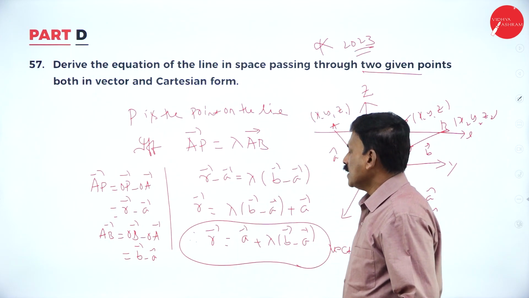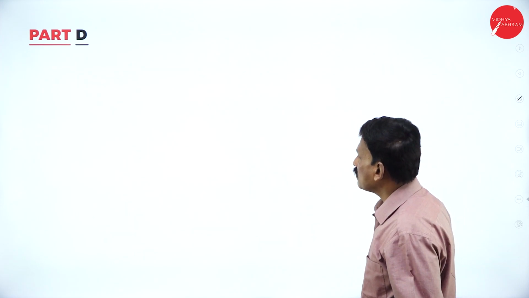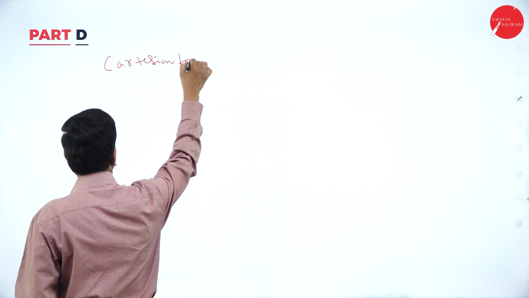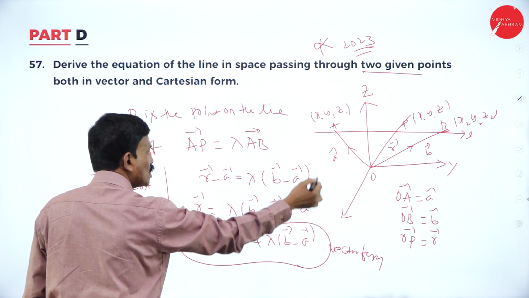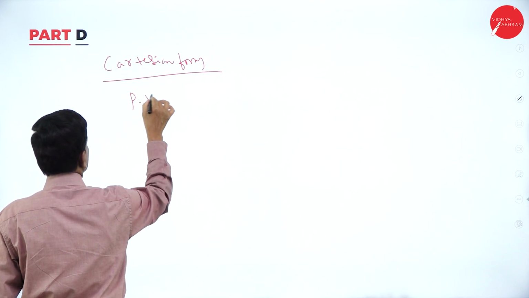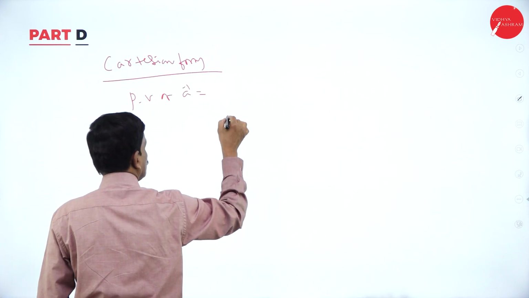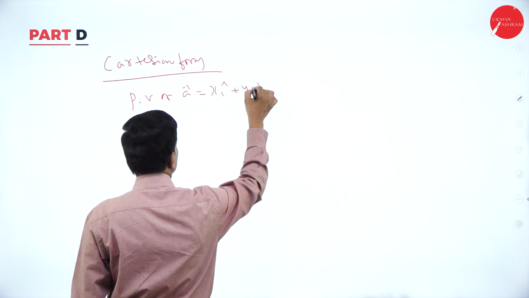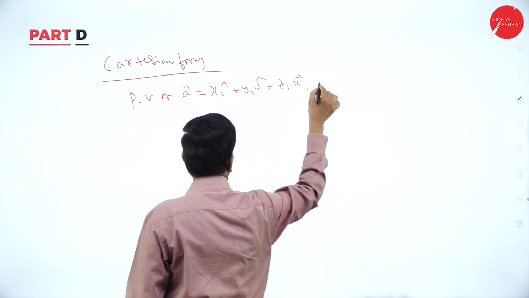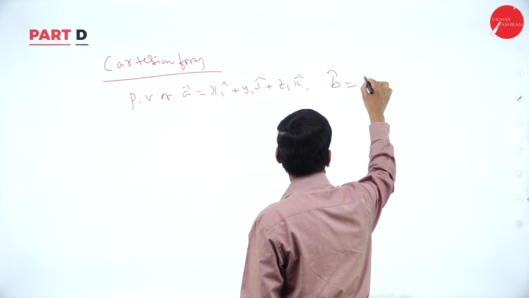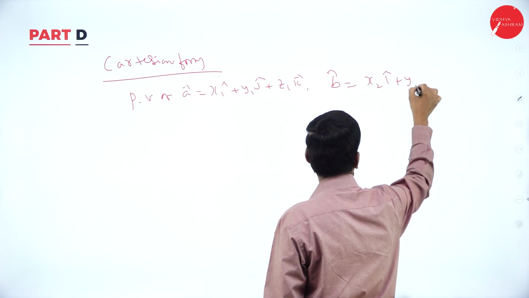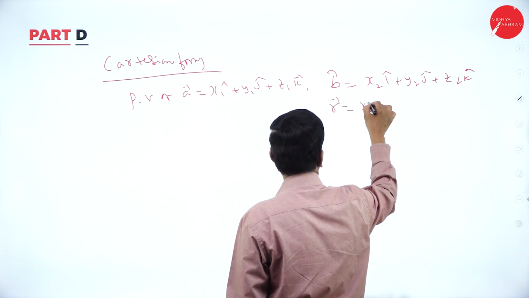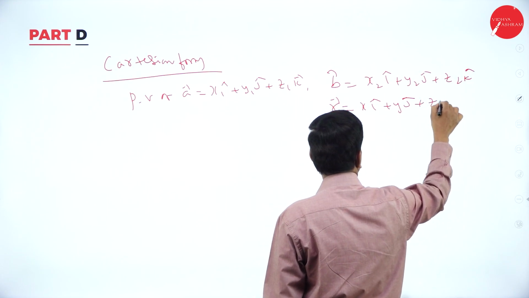You may expect this. Now, let us move on to the second part, the Cartesian form. To find the Cartesian form, now write down the position vectors. Position vector of A is OA equals vector a, that is x1 i plus y1 j plus z1 k, and similarly the position vector of B is OB equals vector b, x2 i plus y2 j plus z2 k, and vector r is equal to x i plus y j plus z k.